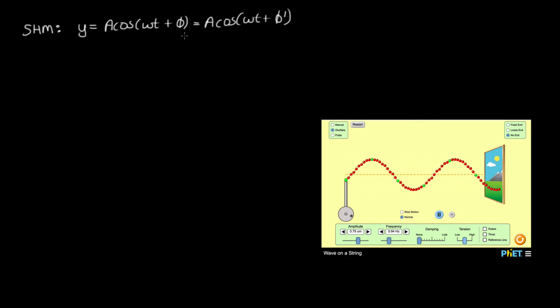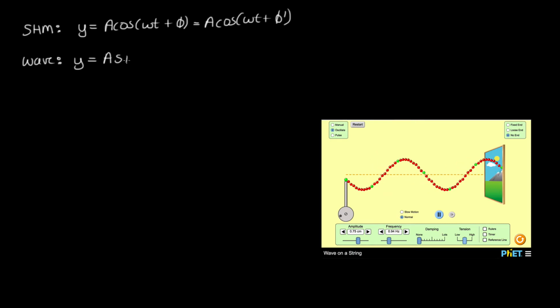So phi dash means the same thing as phi. It's just useful to have a slightly different symbol for it, as we'll see later. Okay, now for a wave, we can assume it's going in the positive direction, like the wave you're looking at. So this is described by the equation y is equal to A sin(kx minus omega t plus phi).